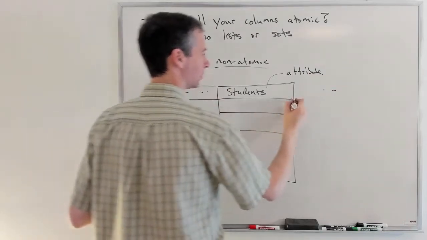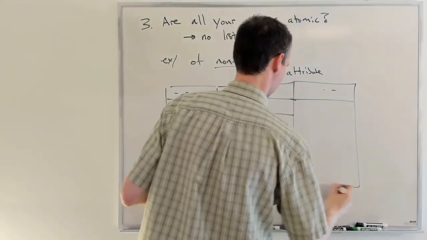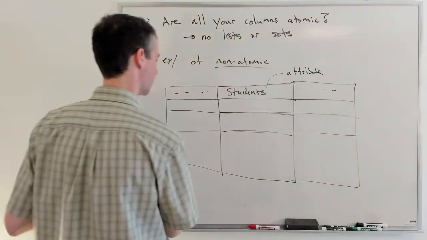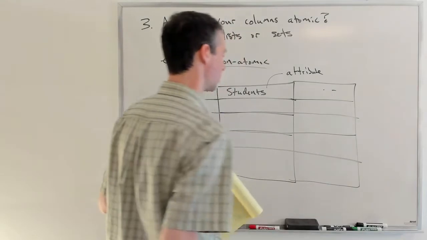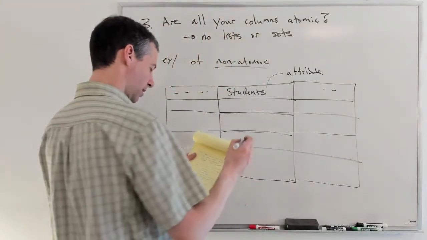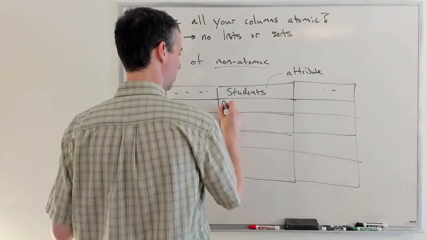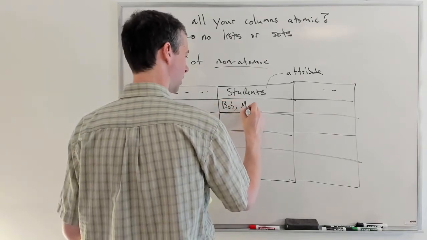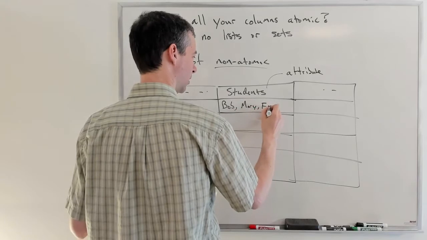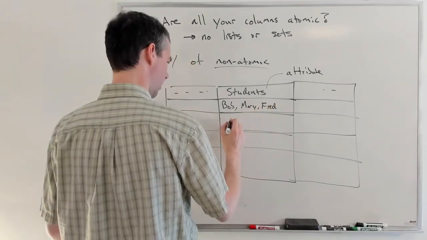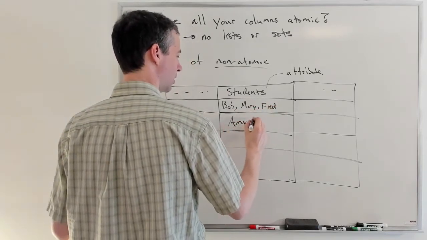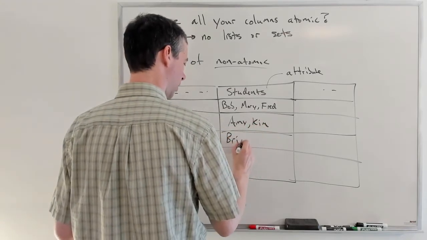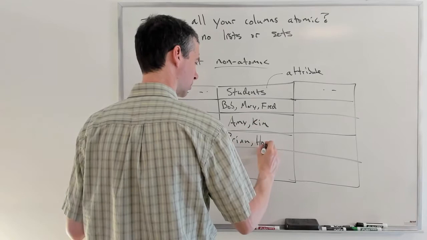I'm going to look at a single attribute, the student's attribute. And let's say for whatever this table is, we find that in here we're storing the data, and we'd store this as some string, Bob, comma, Mary, comma, Fred. And we might have then Amy and Kim. And then we might have Brian and Harish.